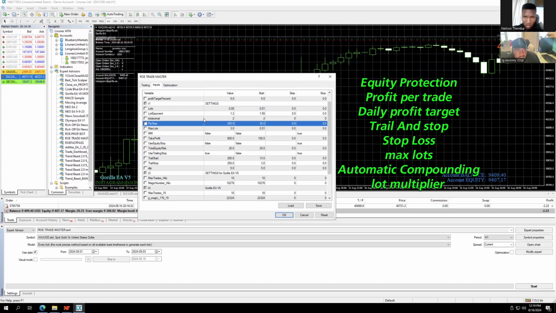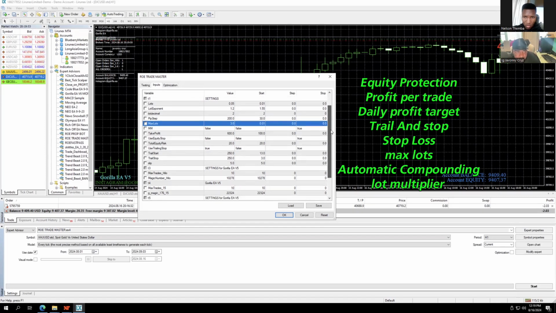That's the max lots that I can use. So if we start at 0.5 and it gets to 3 lots during the grid system, that's the max it can increase up to. So what happens when it reaches that value? Does it just stop trading, or what does it do?